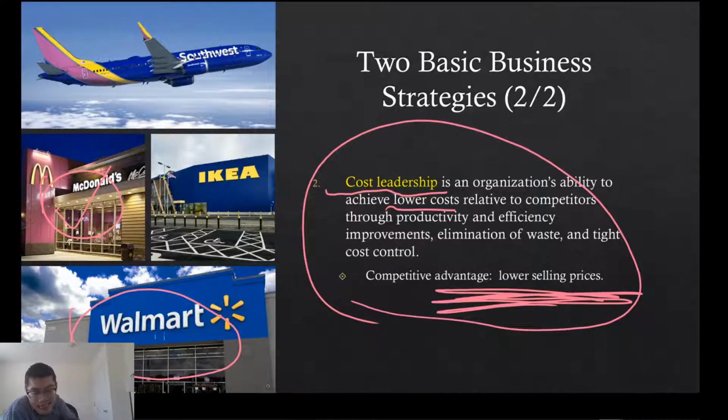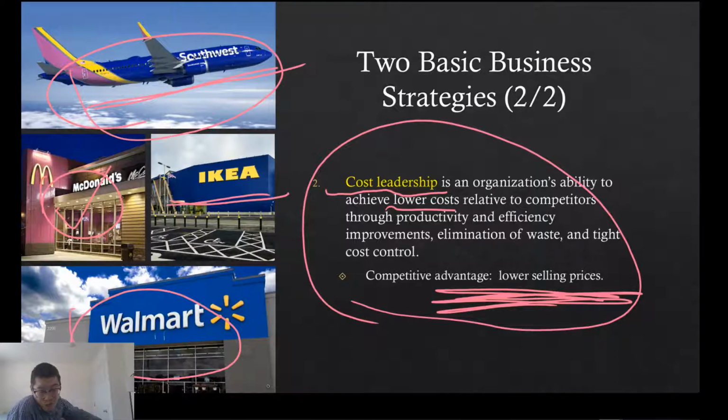Okay, and IKEA in terms of the furniture industry, IKEA really is a cost leader. You cannot really spend like $100 to get similar quality furniture anywhere else but IKEA, right? And for airlines, Southwest is a cost leader because of low-cost airlines.